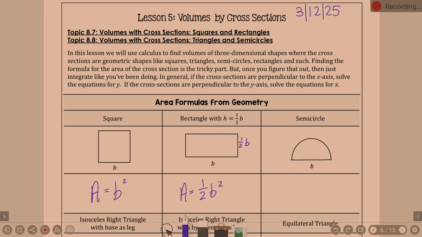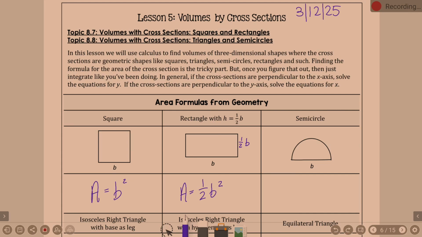How do you find area of a semicircle with, I'm just going to generalize side length b. Half pi b over 2 squared. Yes. Because what is b technically? It's the diameter, right?